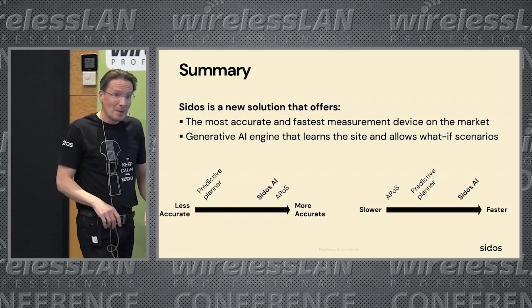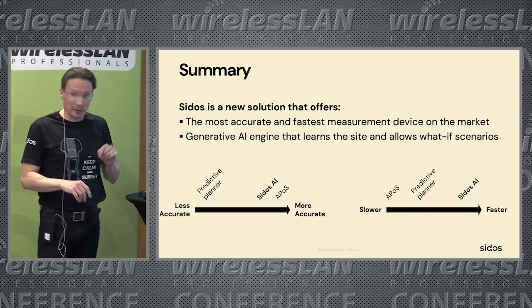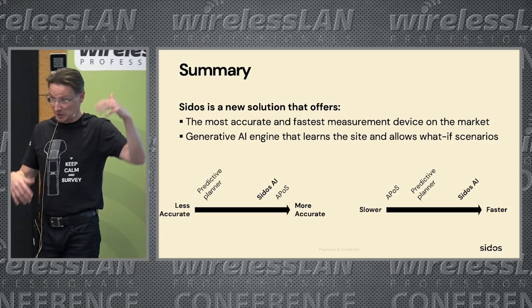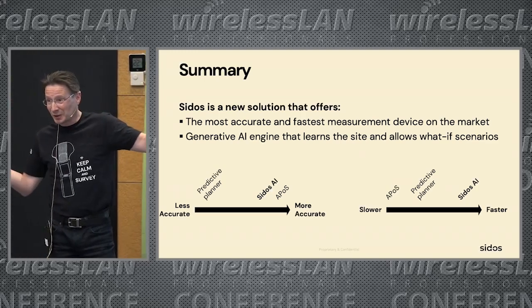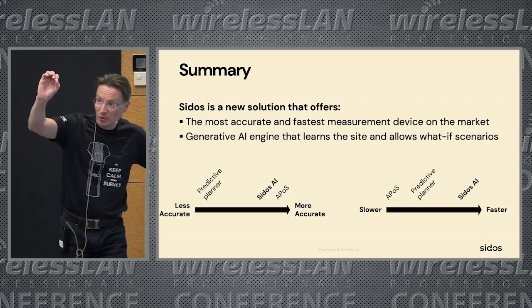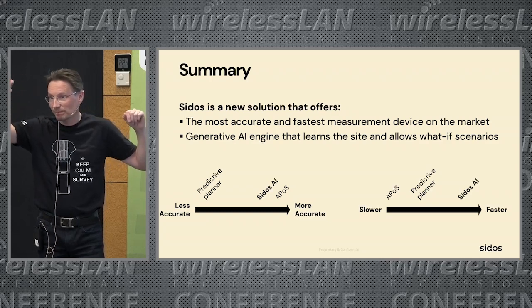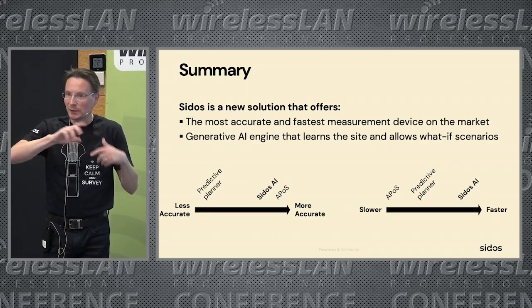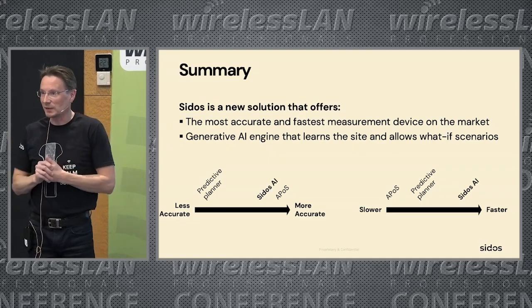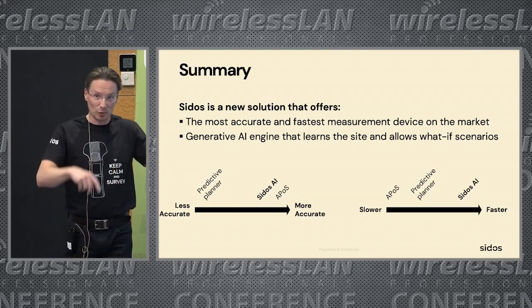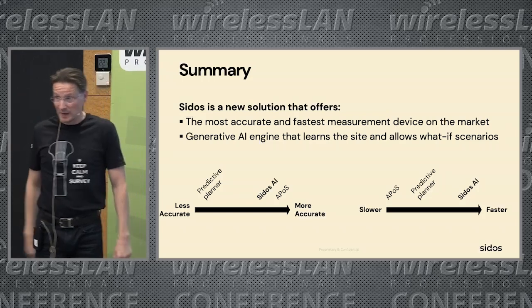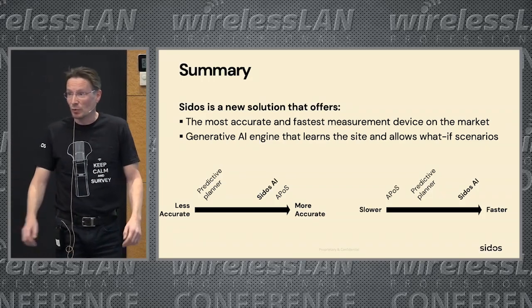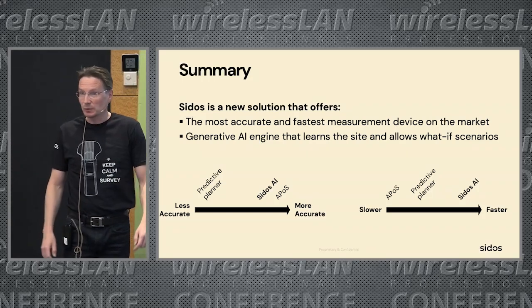But it's much faster than predictive, because in this example, 6 floors, 300 walls, I entered 0 wall materials. So it's kind of like a planner, but the AI fills all the blanks that you don't want to. If you want to enter wall materials one by one like you do today, be my guest. If you don't want to, it will figure them out.